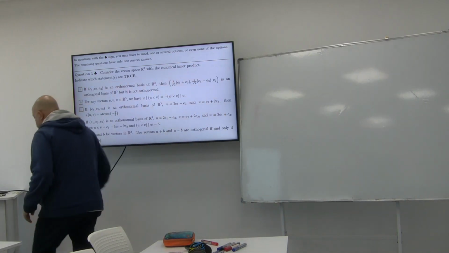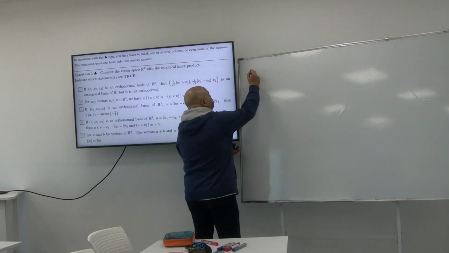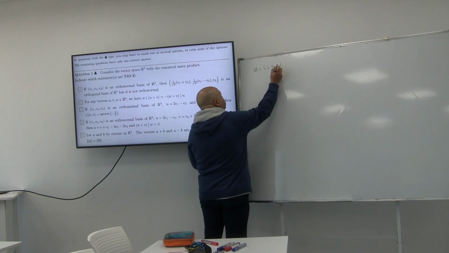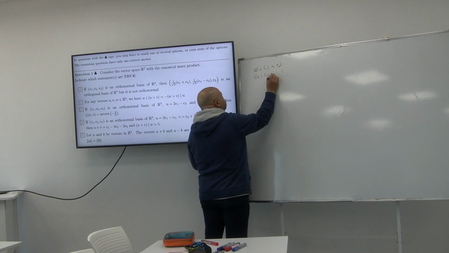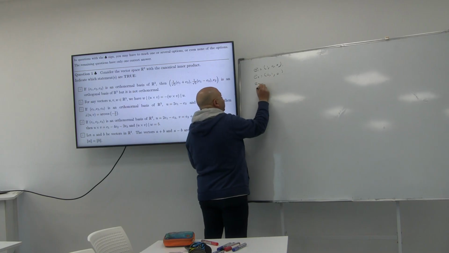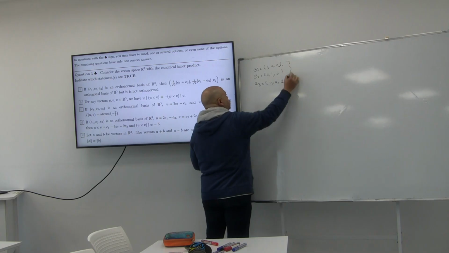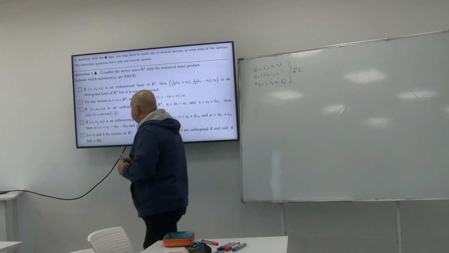All I have to do is, as you know, E1 is 1, 0, 0, which is the standard set. E2 is 0, 1, 0, and E3 is 0, 0, 1. Those are the standard canonical set of vectors.